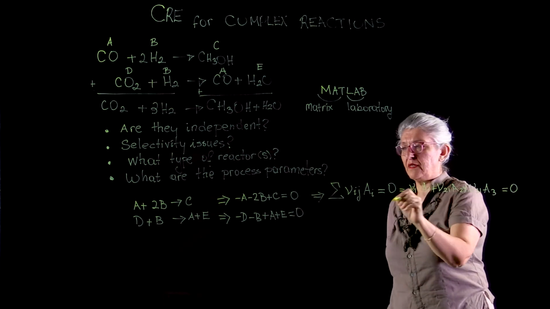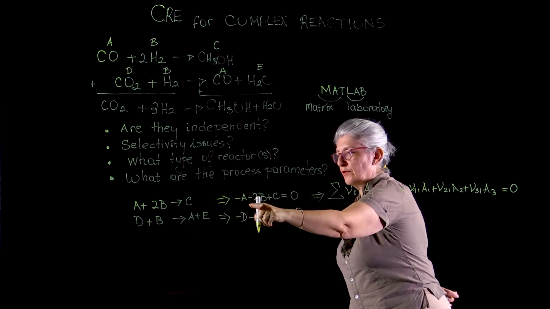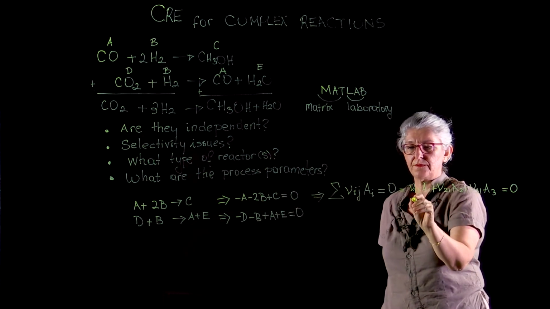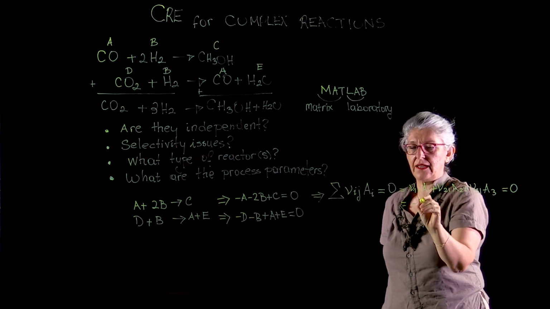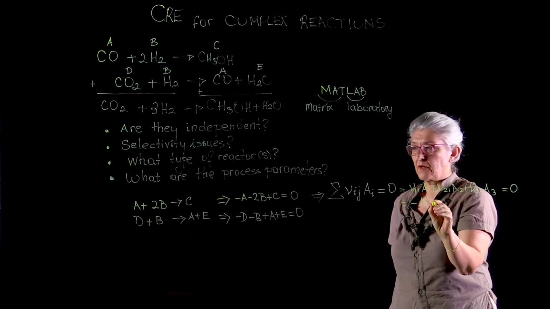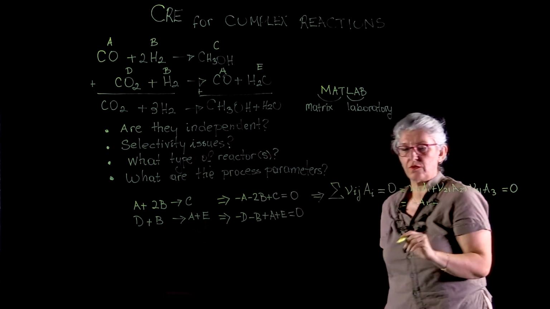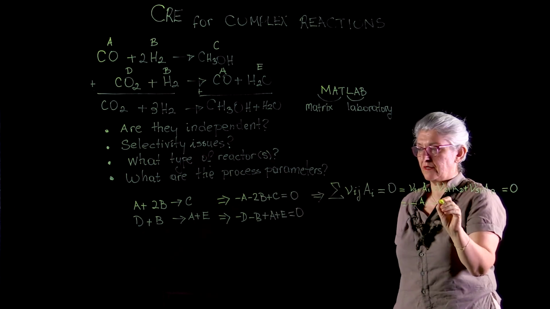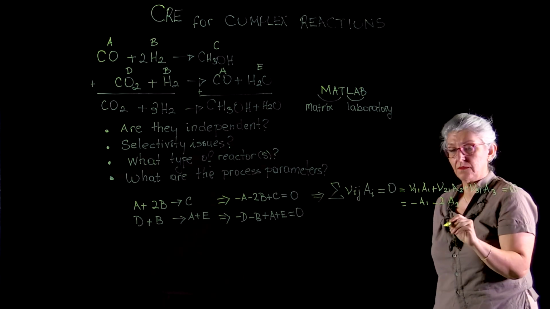Nu 1 1 is the stoichiometric coefficient of the first component in the first reaction. It is minus 1. So this is minus A1, component 1. Nu 2 1, component 2 stoichiometric coefficient in the first reaction. This is minus 2, A2. A2 is B now, right?